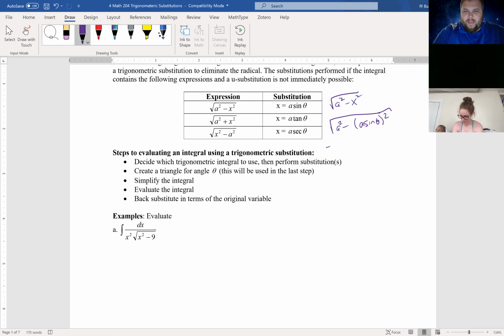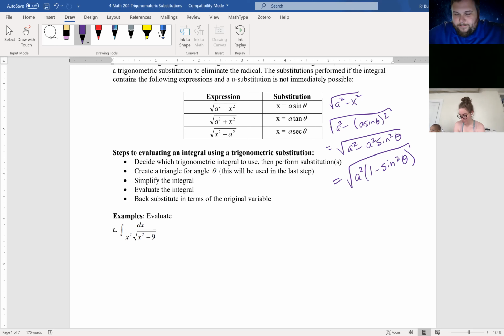And if I square that out, then I get a squared sine squared. They both have an a squared in common, so I'm going to factor that out. And you should see that when I do that, 1 minus sine squared is one of those Pythagorean identities.